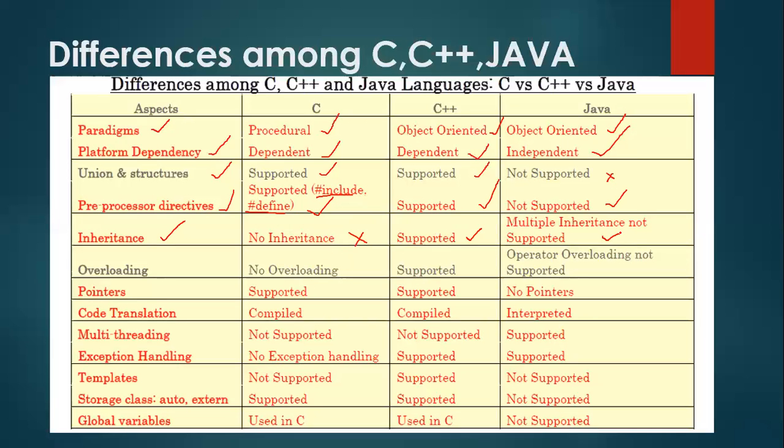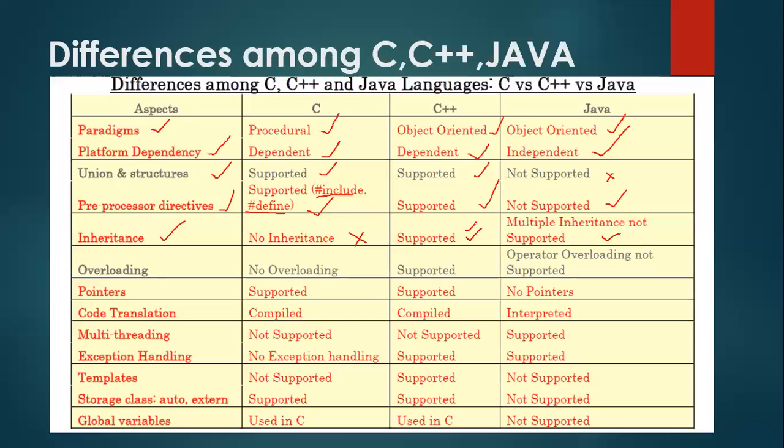But we have different types of inheritances: single inheritance, multiple inheritance, multi-level inheritance, hybrid inheritance. In Java, multiple inheritance is not supported, and other types of inheritances are supported. But in C++, all types of inheritances are supported. So it is a pure object-oriented programming language.